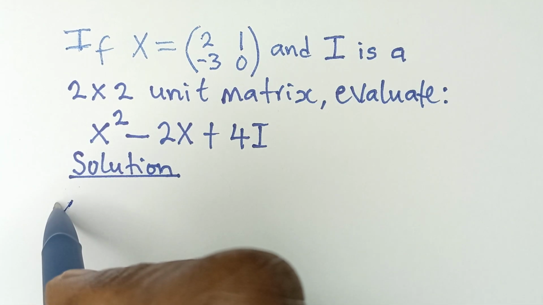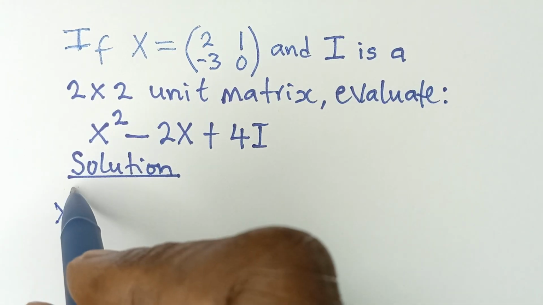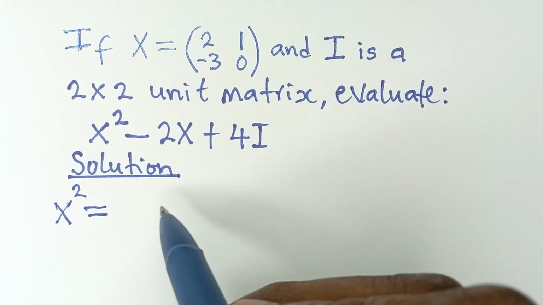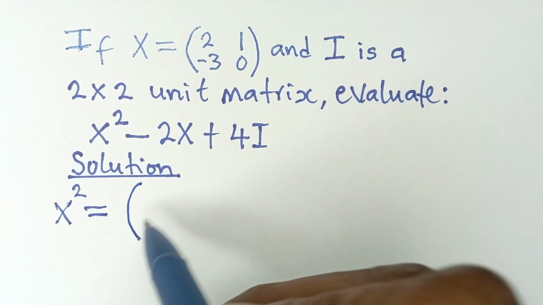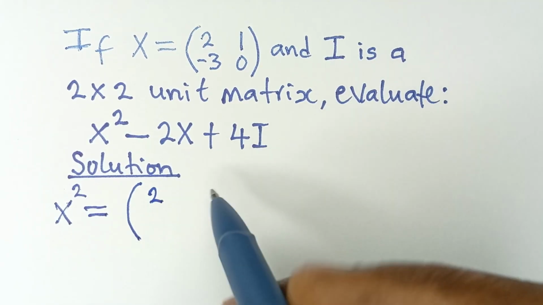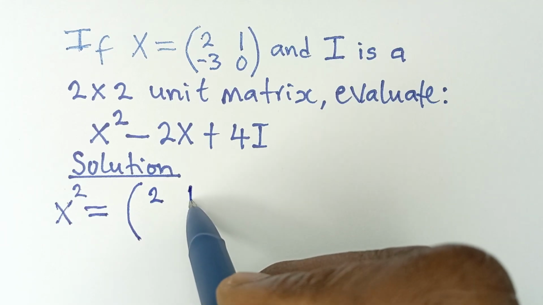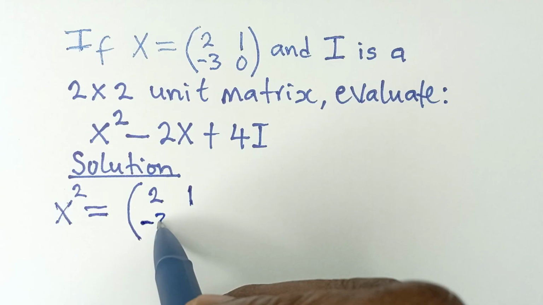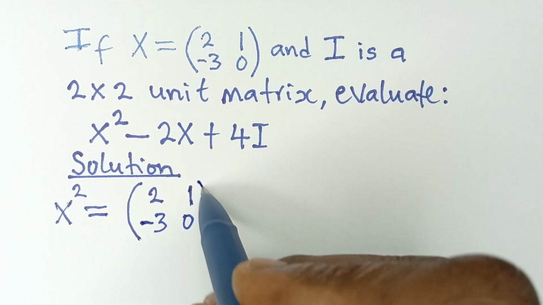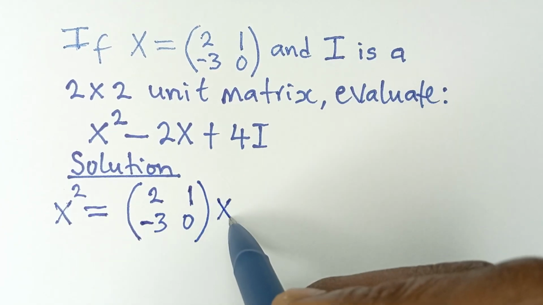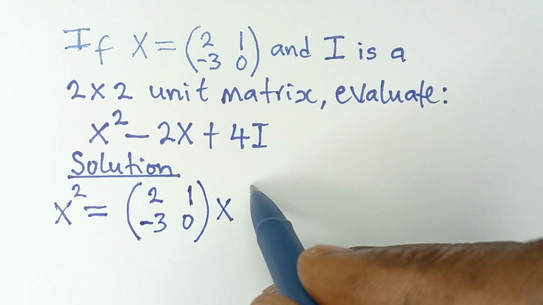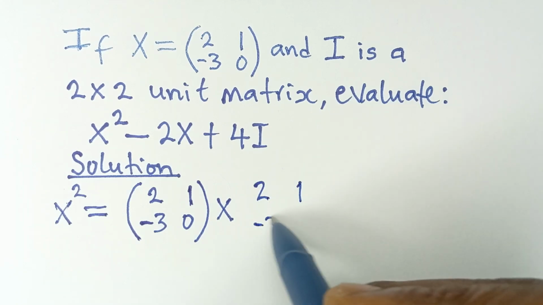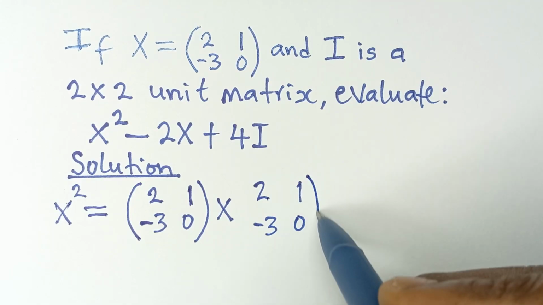So X squared will be equal to the matrix that we have here, which is 2, 1, and then negative 3 and 0, multiplied by itself. That is multiplied by 2, 1, minus 3 and 0.